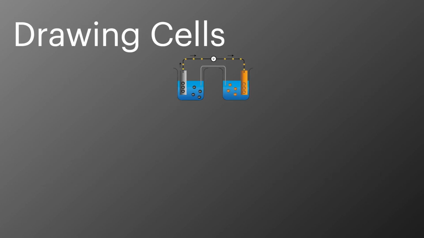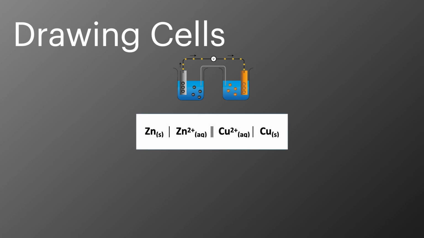One of the things we'll have to be able to do is draw out the cell, not as a nice pretty drawing like we've got now, but as a scientific representation of that cell. To do that, we'll create something that looks a little bit like this. On the left-hand side, we've got half cell number 1, which is the zinc becoming zinc ions. On the right-hand side, we've got the copper, half cell number 2, which is copper 2 plus ions becoming copper solid.